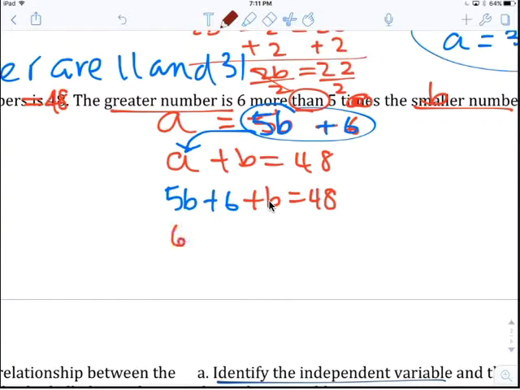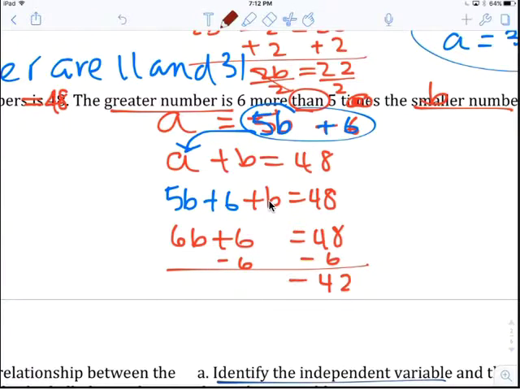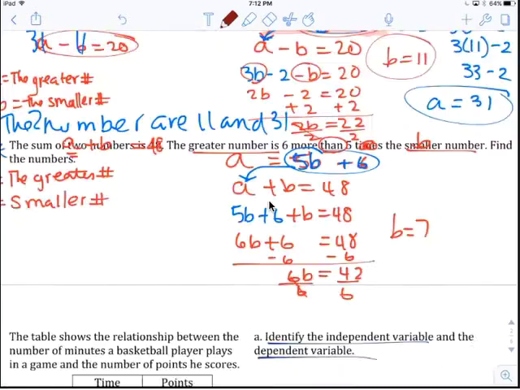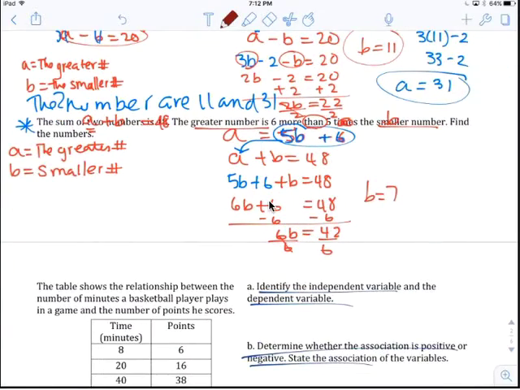We got 6B plus 6 equals 48. Minus 6, got 42 equals 6B, divide by 6, B equals 7.